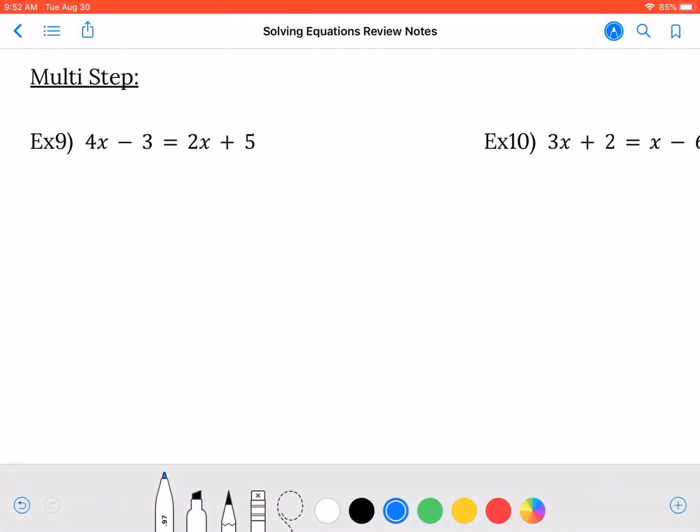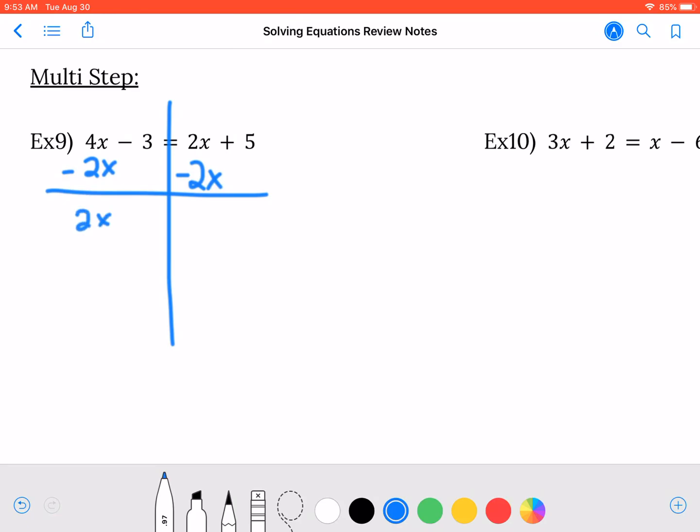So now we're looking at more multi-step. So here we have variables on both sides. We see problems like this in geometry a lot. So what I like to do is always gather my variables on one side to start. And I will commonly pick whatever the lower one is. So like here I'm taking between a 4x and a 2x, I'm moving the 2x. You don't have to do that.